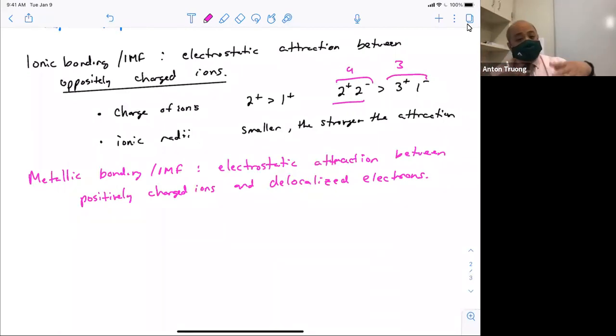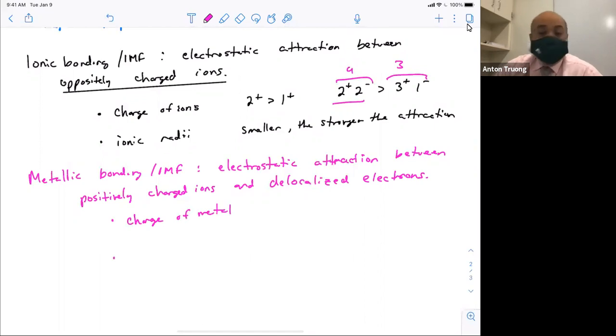So a metallic bond that happens with metals is between the metal ions that have given up their electrons to form a delocalized network of electrons, and then the positive cations that are left over. And so with this, there are still two factors, and they're similar to ionic bonding. The charge of the metal is the first factor.